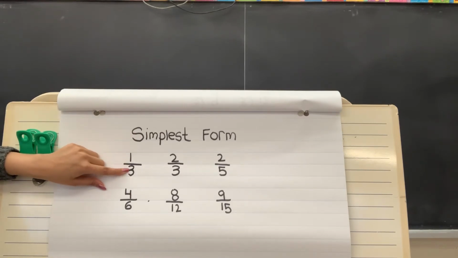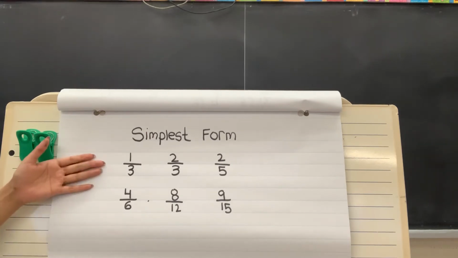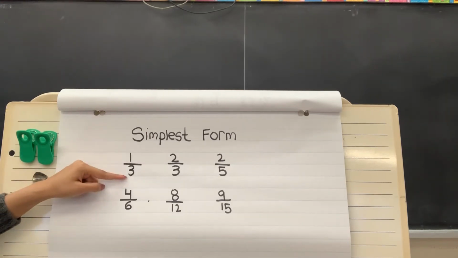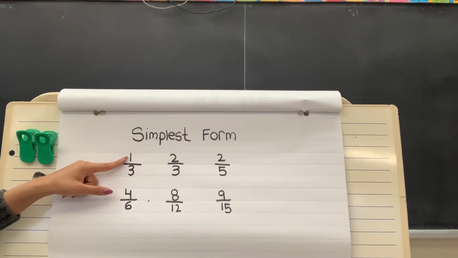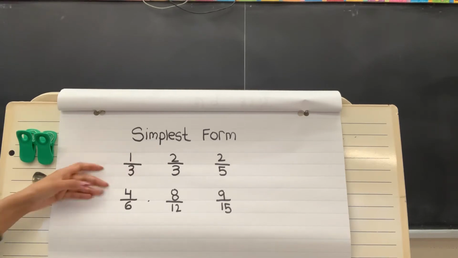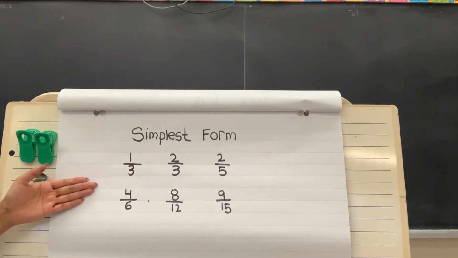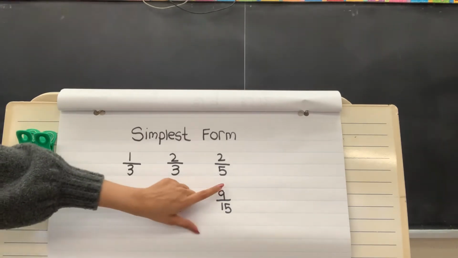But if these were uneven numbers, and the denominator can be evenly divided by the numerator, then they are not in simplest form.